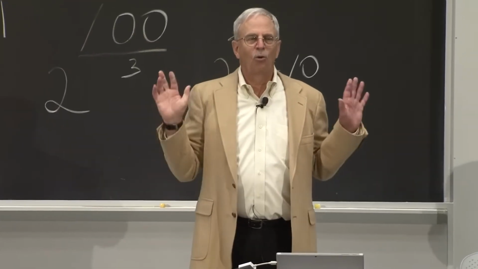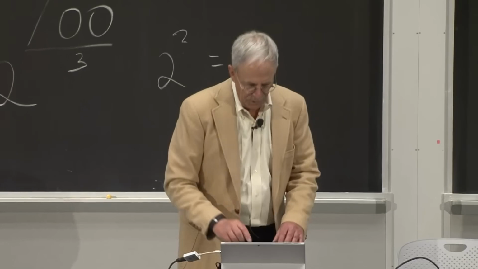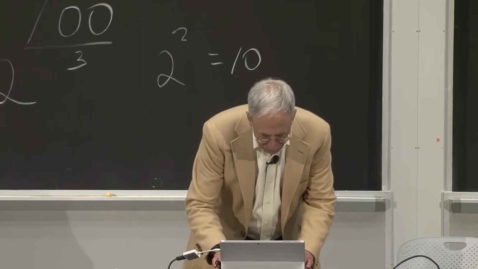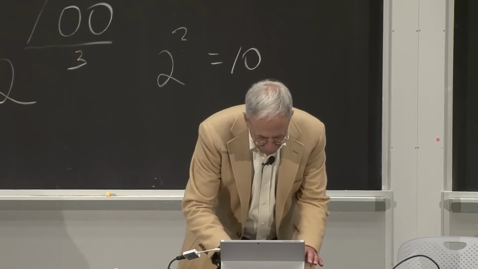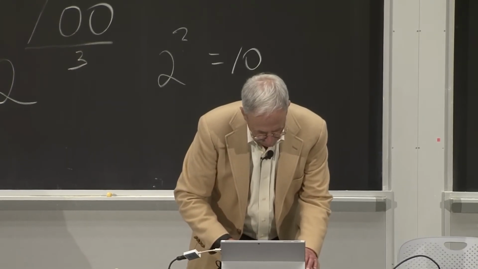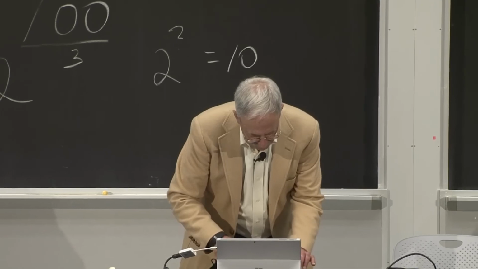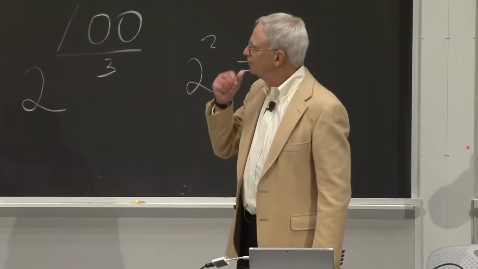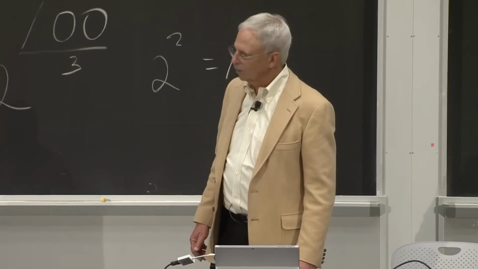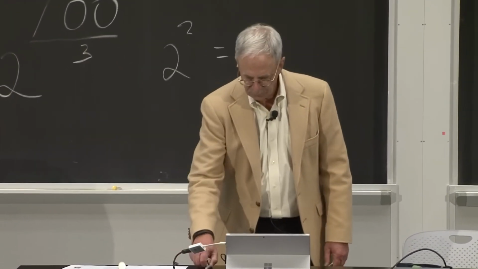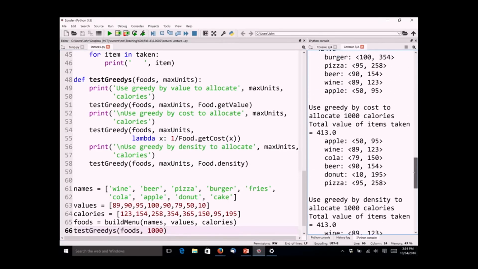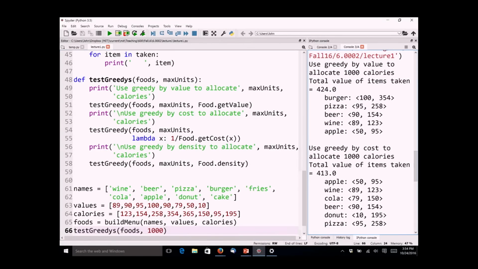Now, we could ask the question, can I just say, don't worry about it, density, say, will always get me the best answer? I've tried a different experiment. Let's say I'm feeling expansive and I'm going to allow myself 1,000 calories. Well, here what we see is the winner will be greedy by value.